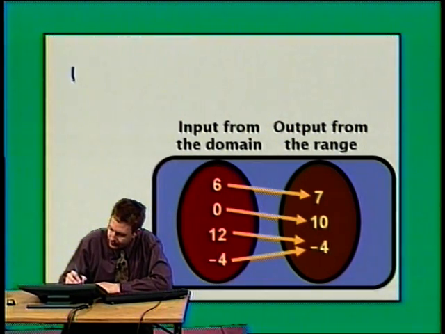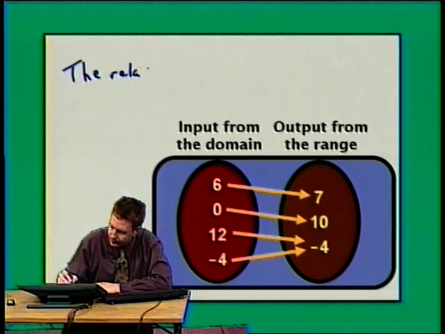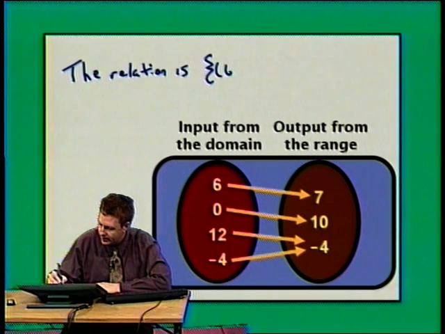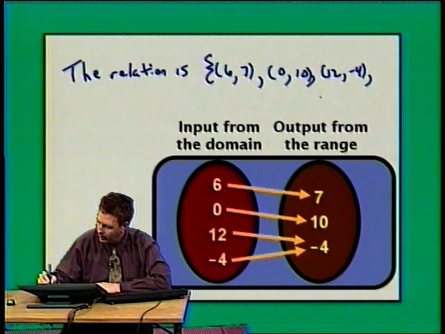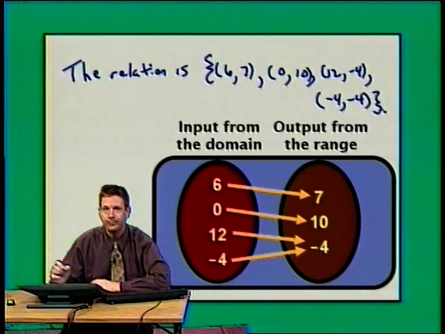This time, the relation is the set of points. 6 is mapped to 7, 0 is mapped to 10, 12 is mapped to negative 4, and negative 4 is mapped to negative 4.